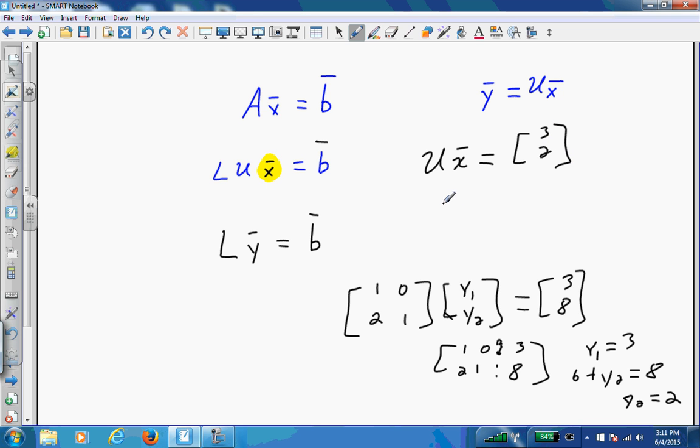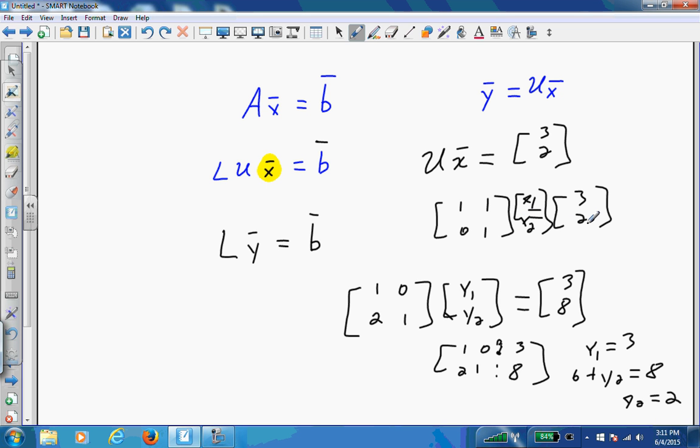U is some upper, just make up an example: 1, 0, 1, 1. Well, since that's upper, that's easy to solve using back substitution. Keep in mind this is x1, x2.